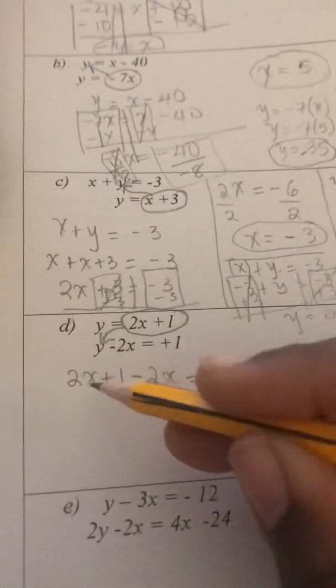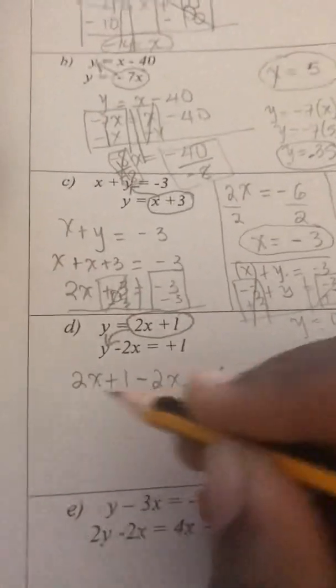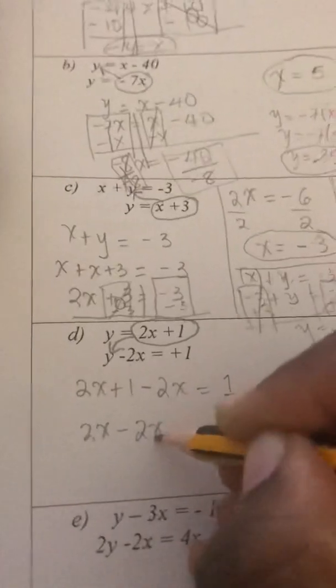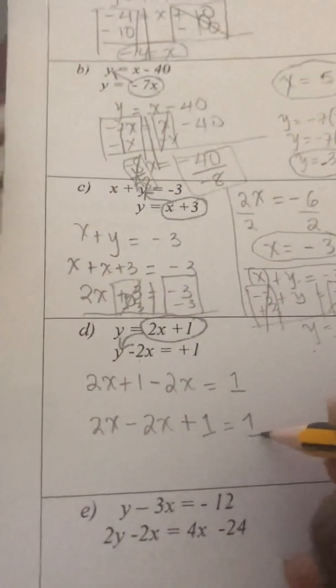Then this becomes 0, because this and this come together. So 2x minus 2x plus 1 is equal to 1.